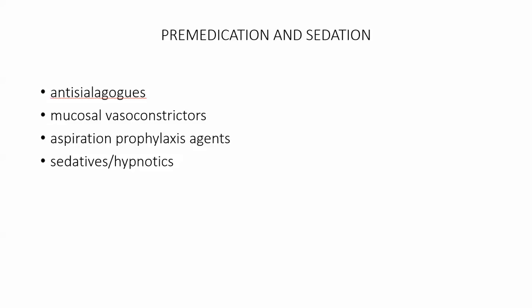The agents most commonly used for premedication are antisialagogues like atropine, glycopyrrolate, and scopolamine, mucosal vasoconstrictors to decrease the bleeding secondary to instrumentation of the airway, H2 receptor blockers, and sedatives and hypnotics.